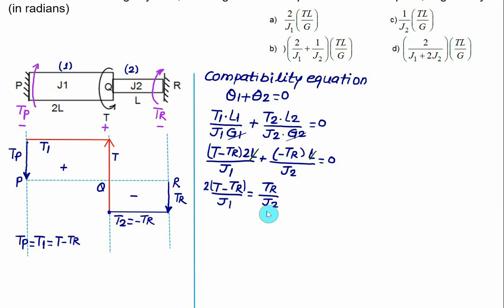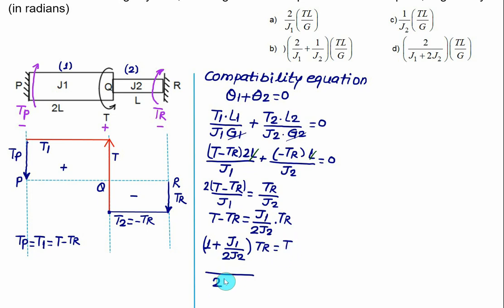So J1 will multiply, 2 will divide, so we'll get T minus TR equal to J1 divided by 2 times J2 multiplied by TR. So TR will shift, and in that case we will get 1 plus J1 divided by 2 times J2, multiplied by TR, is equal to T.